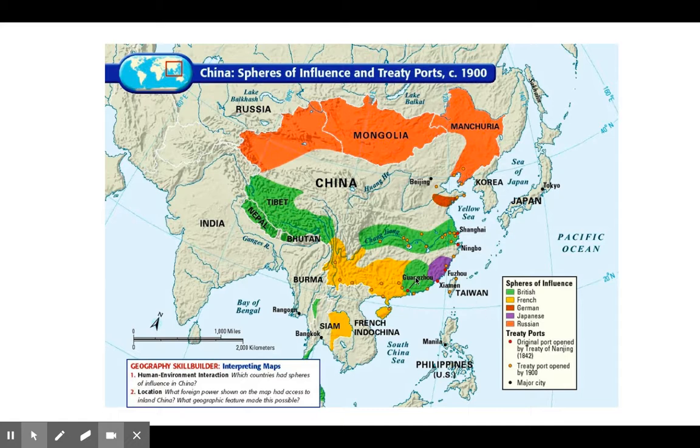So all these green areas were places that the British had control. And if you wanted to trade in this area of China, then you really had to be British. And it was not easy to do so if you were from a different country. You can see that there's a sphere of influence that's French, one that's Japanese. There's a little bit of Russian influence. Ultimately, China will not be colonized, but there's some pretty heavy pressure and influence by Westerners and by outsiders during this time period that we can speak of.